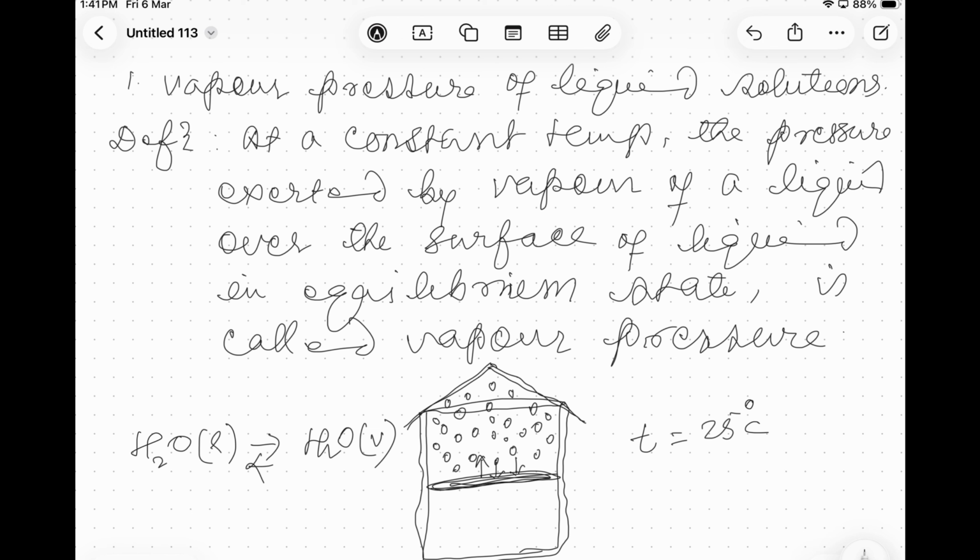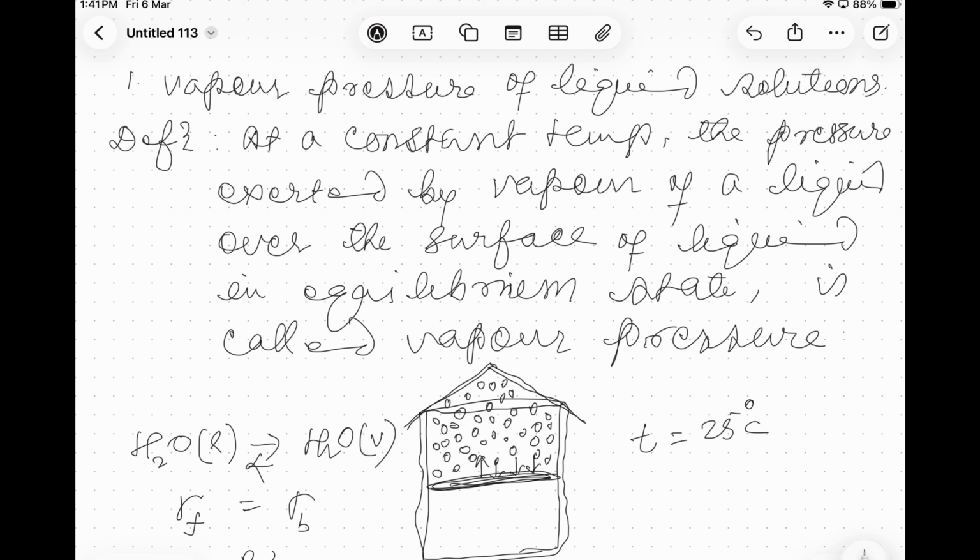As the space over the surface of liquid gradually saturates, the rate of evaporation and rate of condensation become equal.